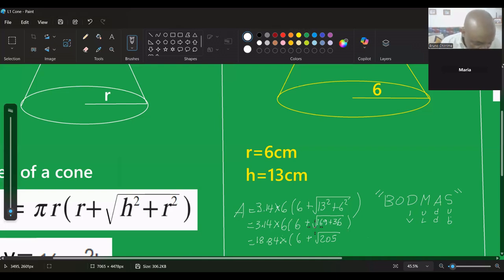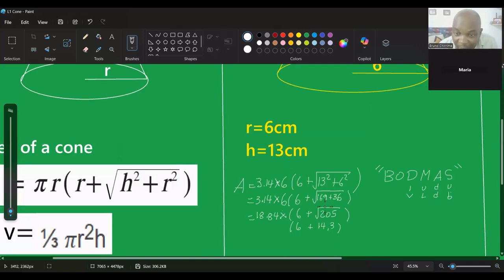Let's see. Square root of 205 is 14. Quite far. Anyway, so you are saying 6 plus 14.3 inside the brackets. I couldn't solve it in 4 minutes, so I gave you little time.